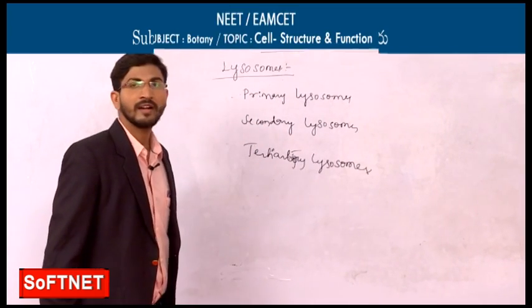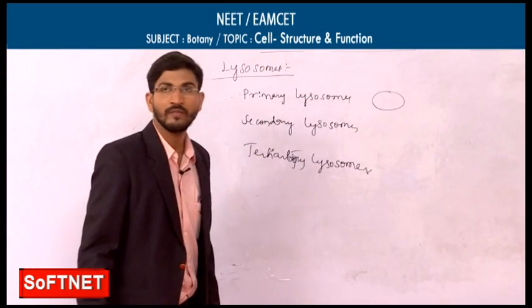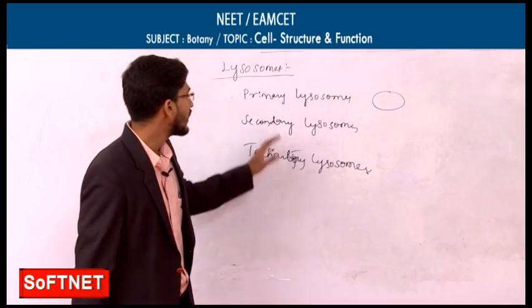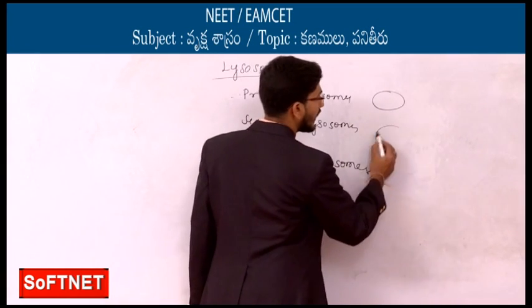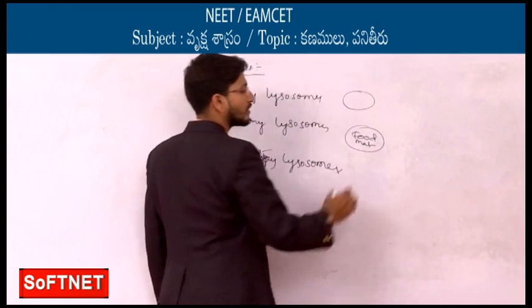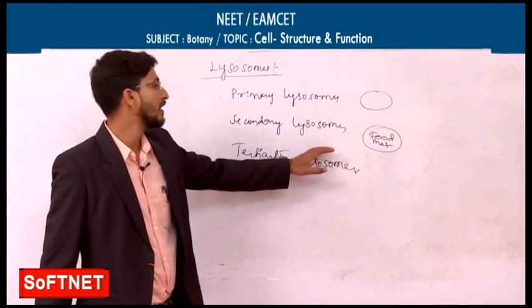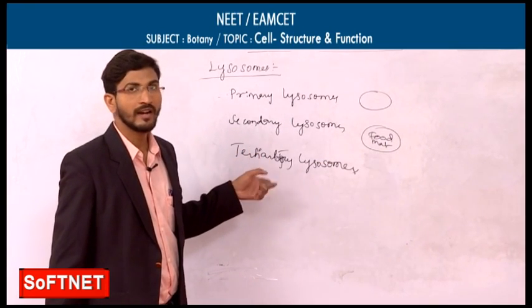So what are primary lysosomes? Primary lysosomes contain hydrolytic enzymes, which are involved in the hydrolysis of particular substances. Secondary lysosomes contain food material; food material plus lysosome together is known as a secondary lysosome.